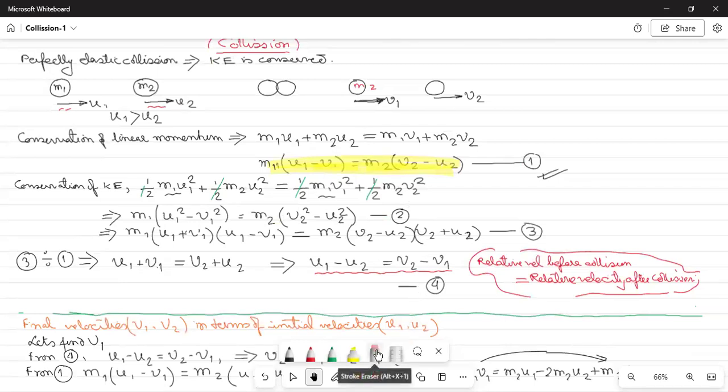This is perfectly elastic collision, right? These are the formulas. And next day, we shall see the equations for inelastic or partially elastic conditions.